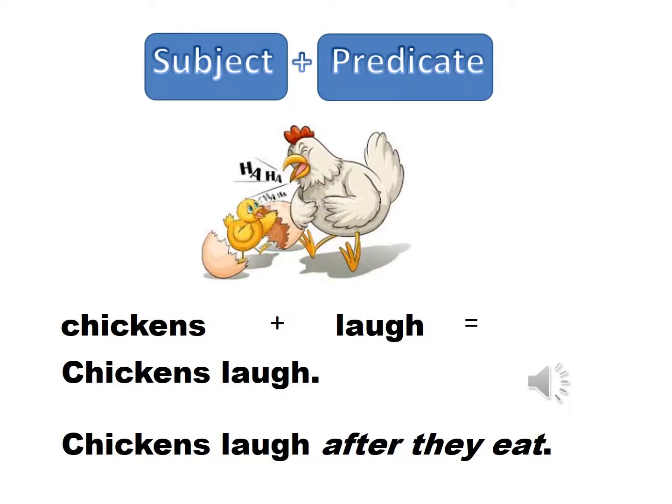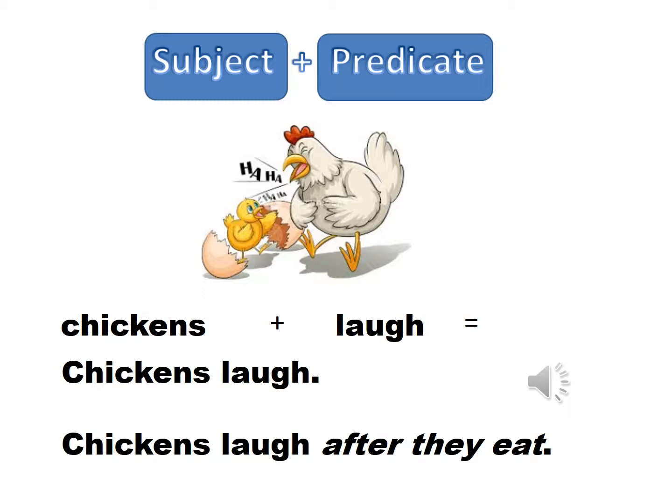Let's take another look at how the subject and predicate work together to make a complete sentence. Chickens is the subject, laugh is the verb, chickens laugh, period. That's a complete sentence. You could add more words to it and write, chickens laugh after they eat.